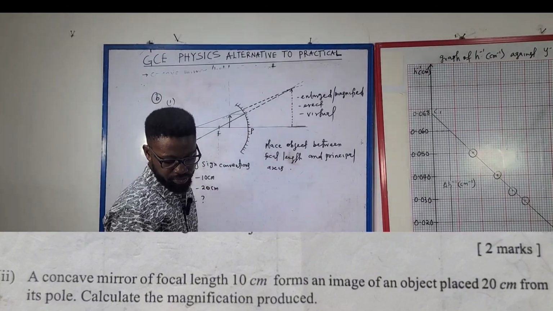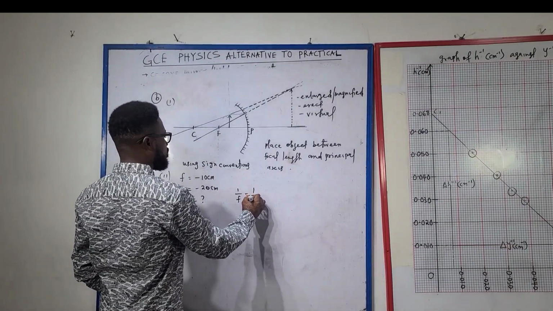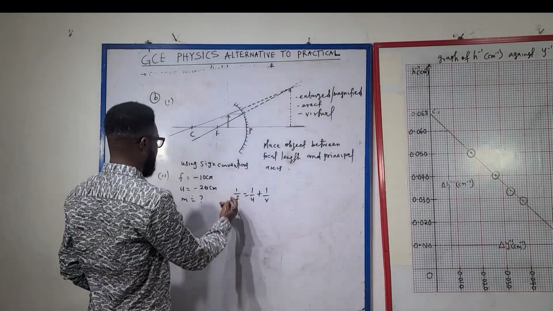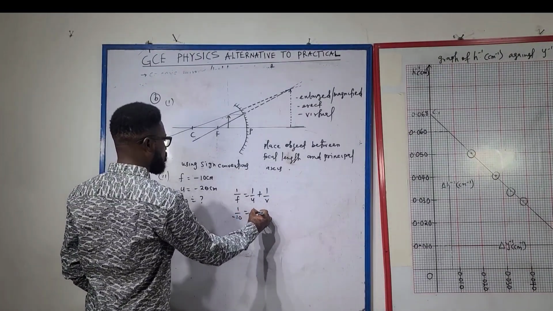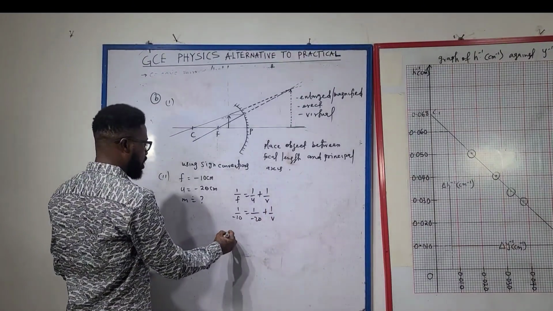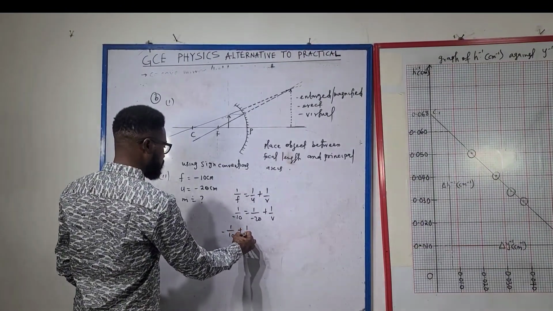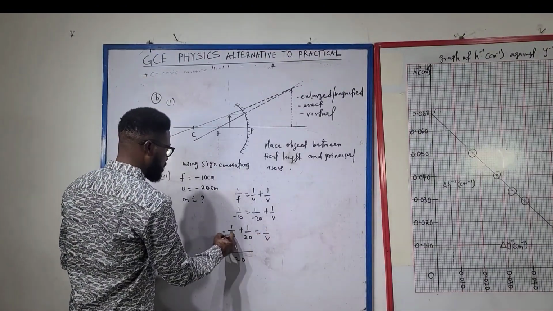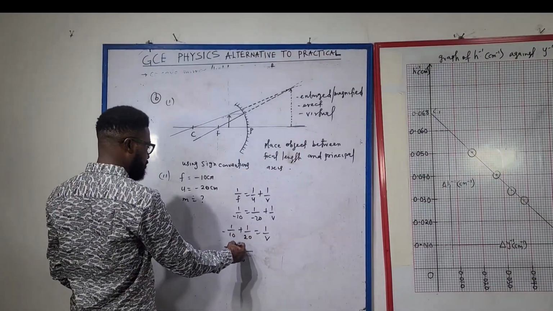So using the mirror formula, normally that's 1 over F equals 1 over U plus 1 over V. Looking at the things I have, my 1 over F is minus 1 over 10 equals minus 1 over 20 plus 1 over V. So if this comes here, I'm going to have minus 1 over 10 plus 1 over 20 equals 1 over V. The LCM is 20. 10 in 20, 2 times 1, that's minus 2. 20 in 20, 1 times 1, 1.